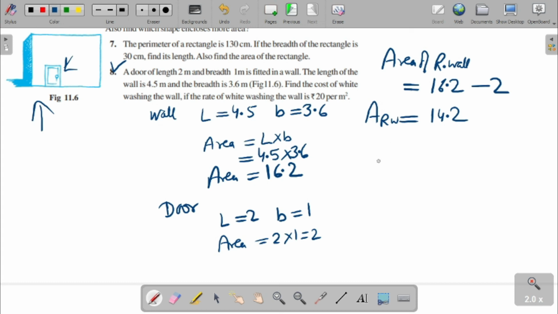So to find the cost, we have to multiply by the rate. What is the rate? 20. So cost is equal to 14.2 into 20. 14.2 is the area of the wall, and we have multiplied by 20, that is the rate.